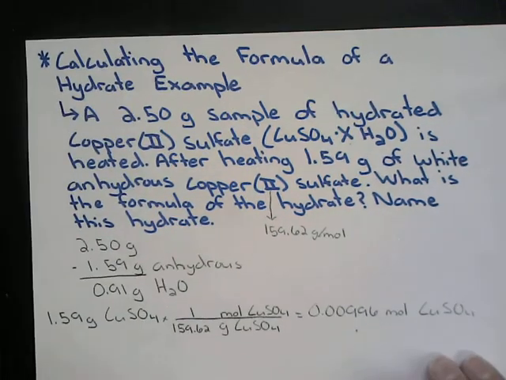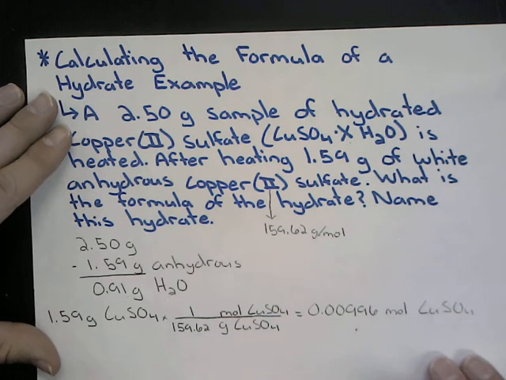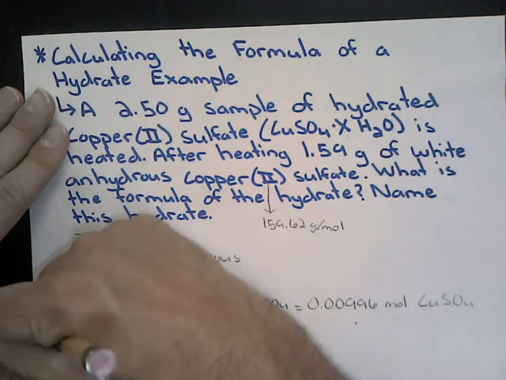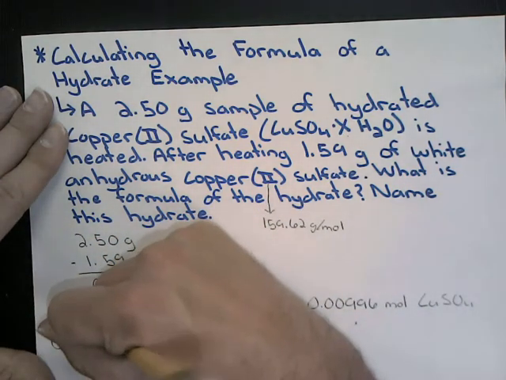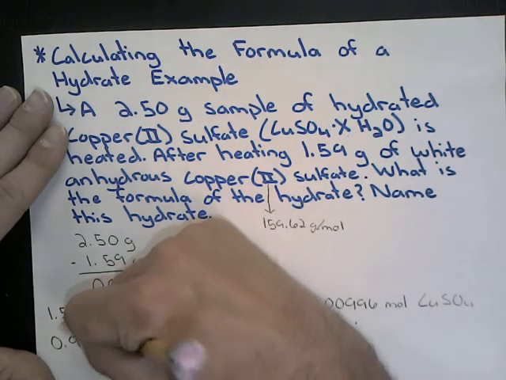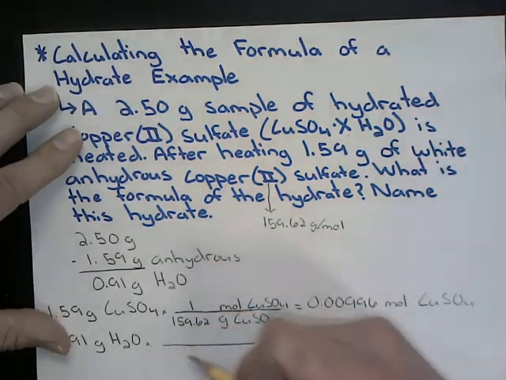Now we need to convert the number of grams of H2O to our number of moles of H2O. So we start out by doing the same thing. We have 0.91 grams of H2O, and we need to cross cancel out our grams.